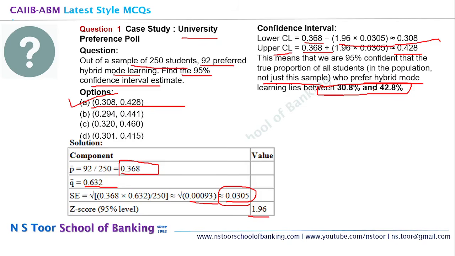So if we consider a general group of students, not these specific 250, then between 30.8% and 42.8% of students will agree for hybrid mode learning. So this is the way in which we can do this calculation.